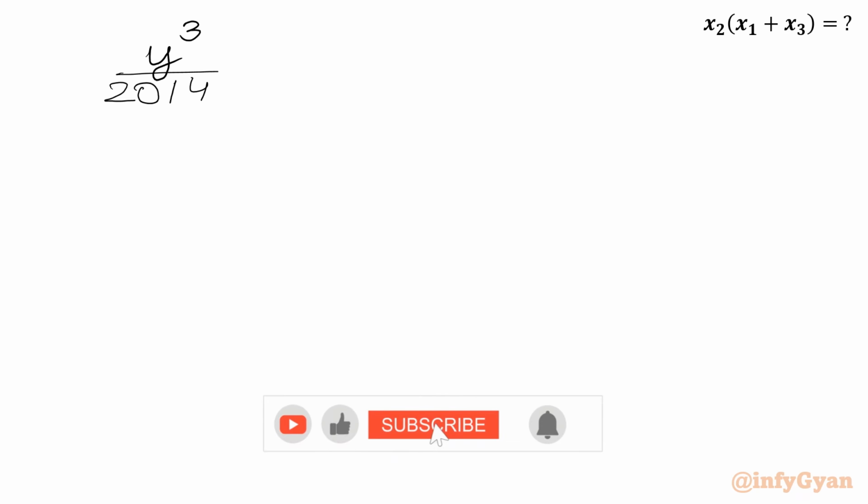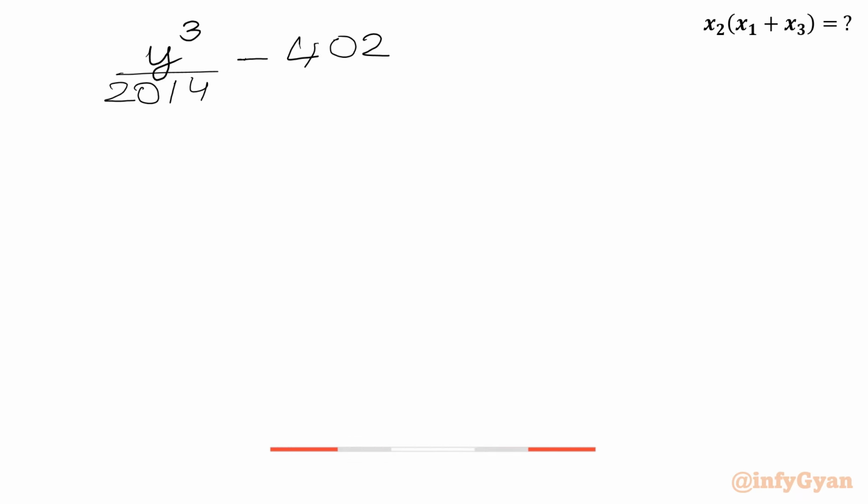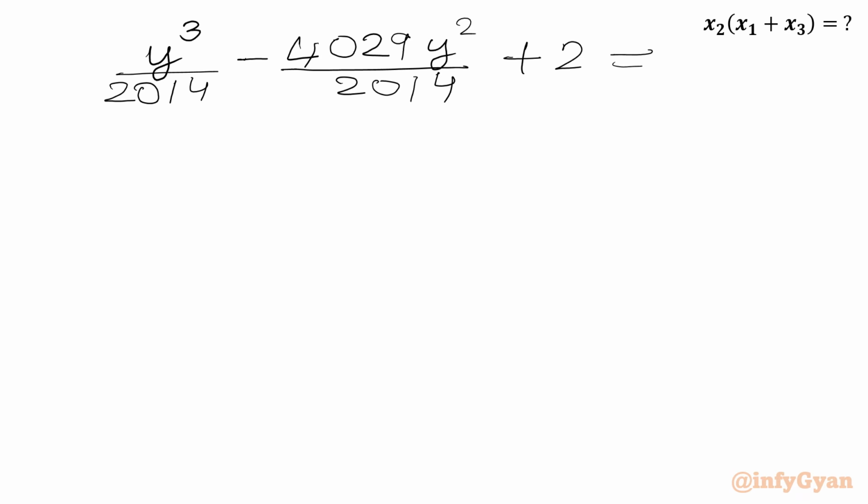We will write here y cube over 2014 minus 4029 y square over 2014 plus 2 equal to 0. Now we have 2014 in the denominator.